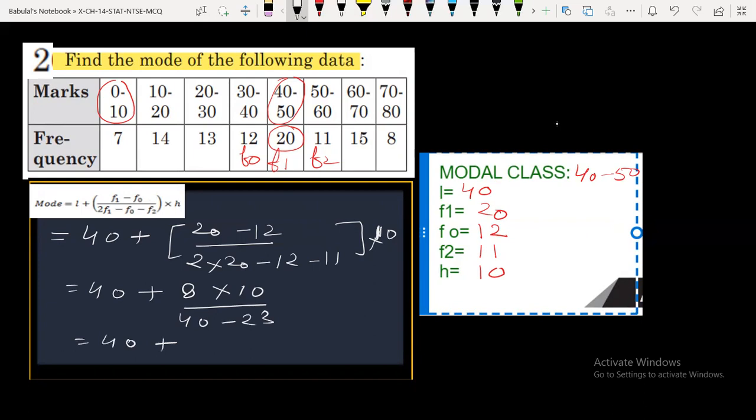Please get the answer yourself. Find out the answer yourself, student. Calculate yourself. What is the answer of this question?